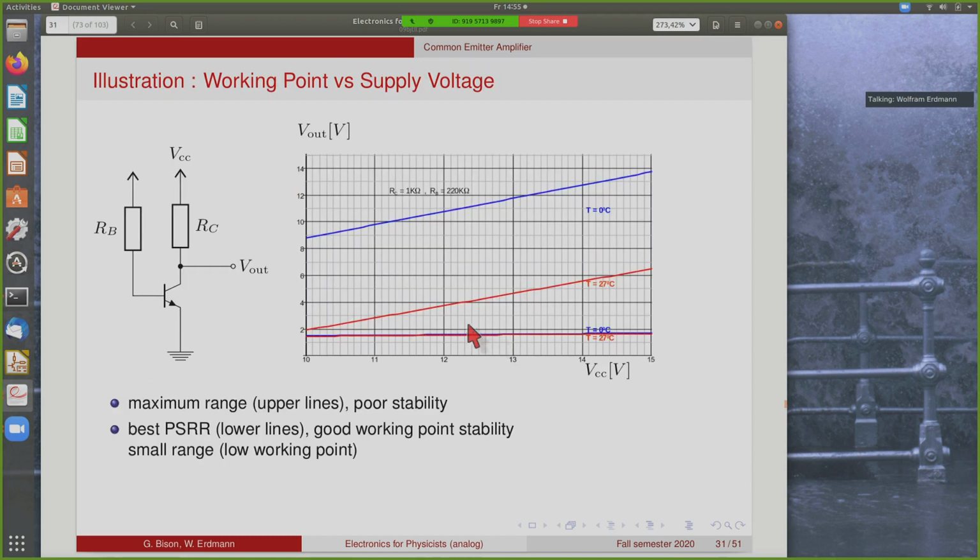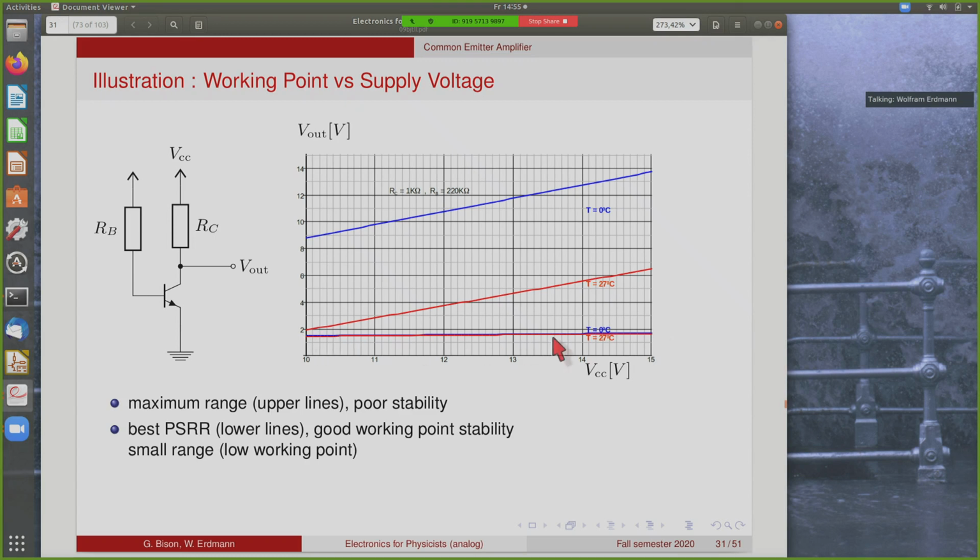This is shown here. We have the two cases showing the output of this amplifier as a function of the supply voltage. One is for the bias resistor chosen to give us the maximum range, and the other one is for the bias resistor chosen to remove the dependence on the power supply voltage, and that actually works here.